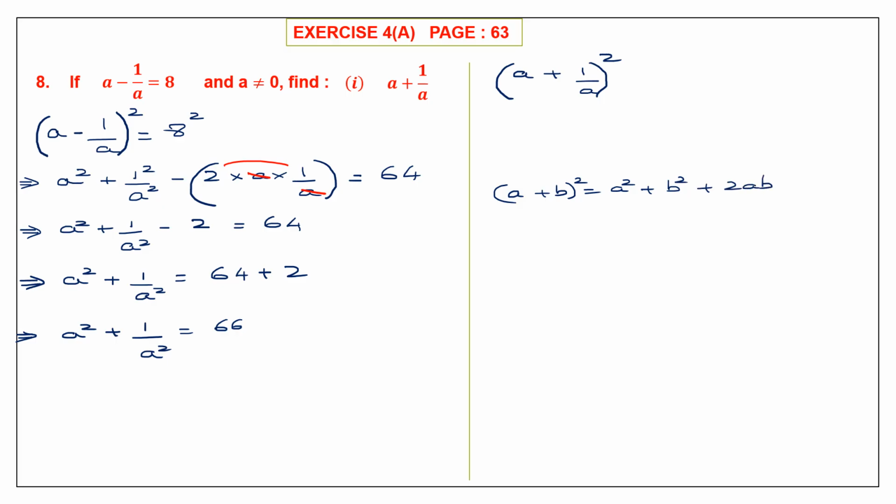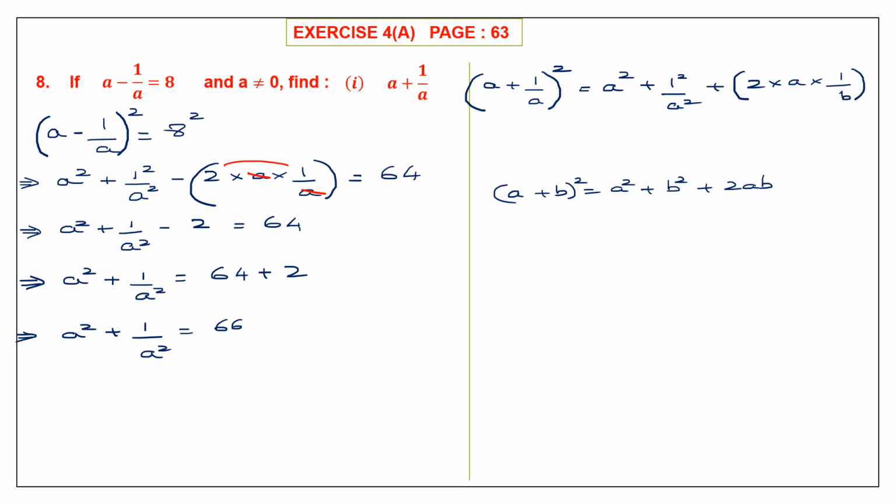We're going to apply that here and take this as a and this as b, and we're going to write this expansion there. So this is equal to a square, a is the same, plus b square, and b is 1 by a, the whole square will be 1 square by a square, plus 2ab. So this will be 2 into a into b, which is 1 by a.